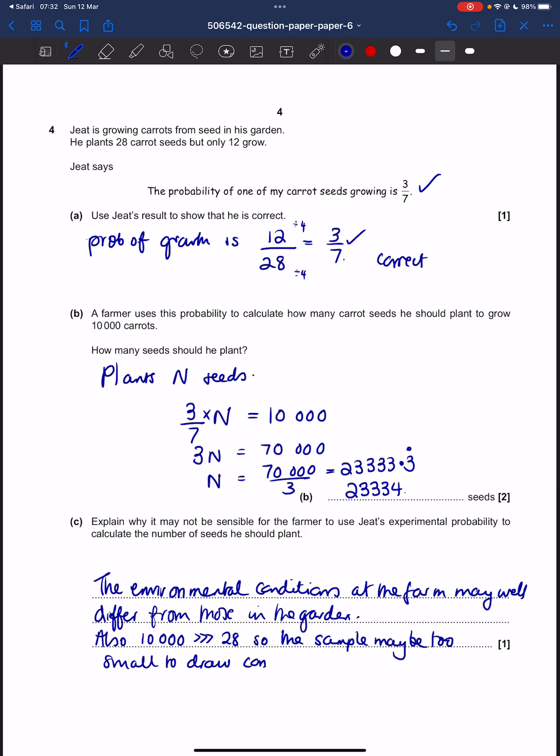The sample size is much greater than 28, the sample of 28. I don't know if I should be a bit more definite. It may well be. It might be all right, but it might not be.